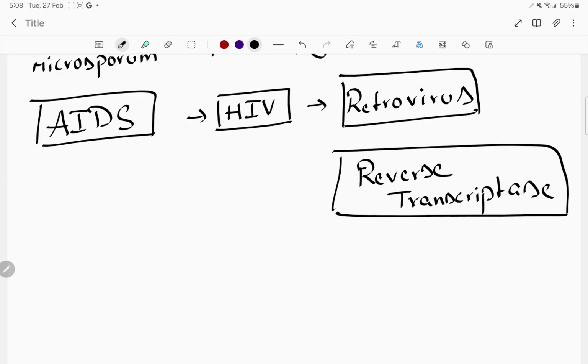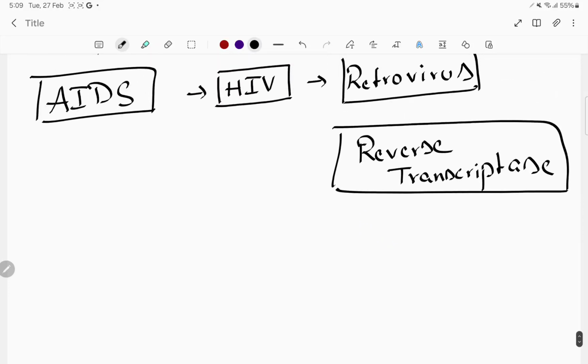It is pathogen specific as well. So these are the things regarding AIDS, HIV, retrovirus and reverse transcriptase.